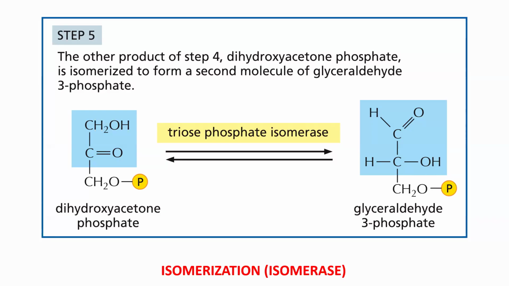And this allows the cell to do everything just once, right? Efficiency. If it's really good at turning GAP into pyruvate, then let's just isomerize DHAP into GAP and keep that efficiency, rather than having to evolve a completely different biochemical linear pathway to turn DHAP into pyruvate. So step 5 is the isomerization of DHAP into GAP.